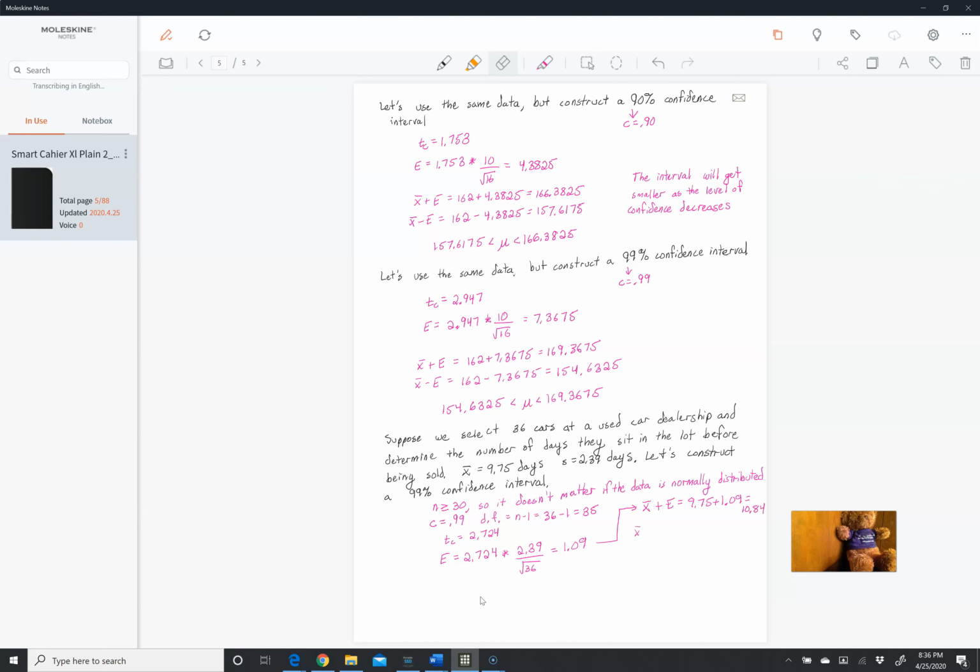And an X bar minus our margin of error, so 9.75 minus 1.09 gives us 8.66. So what is our interval? It's between 8.66 and 10.84.